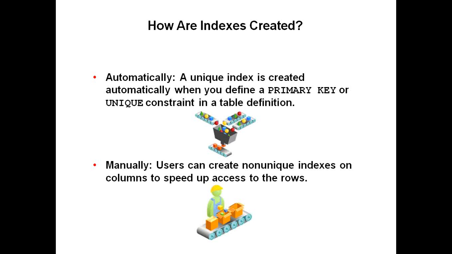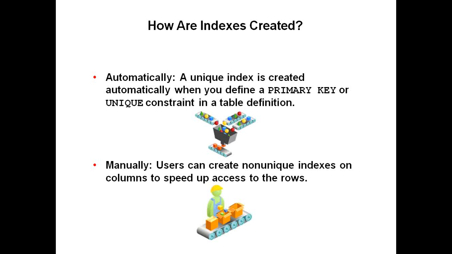Okay. So the next thing is how the indexes would be created. There are two ways the index will be created. The first one is automatic creation of an index, and the second one is manual creation of an index.